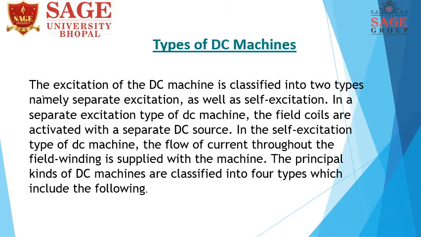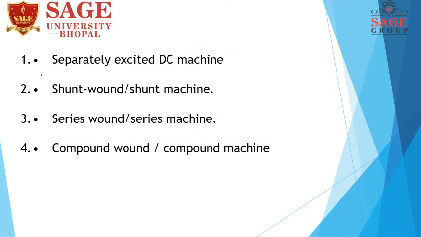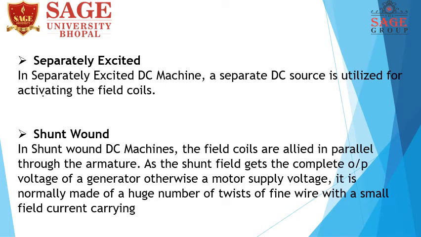Types of DC machine: four types are used. First is the separately excited DC machine, then the shunt wound machine, the series wound machine, and the compound wound machine. In a separately excited DC machine, a separate DC source is utilized for activating the field coil.